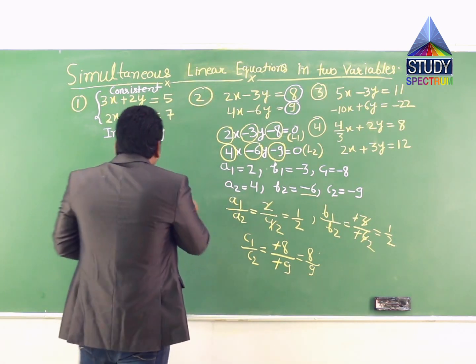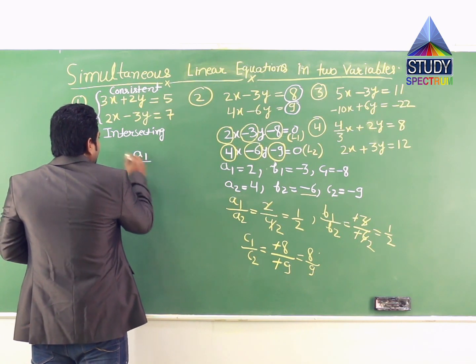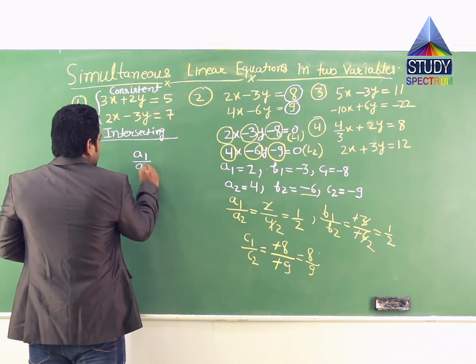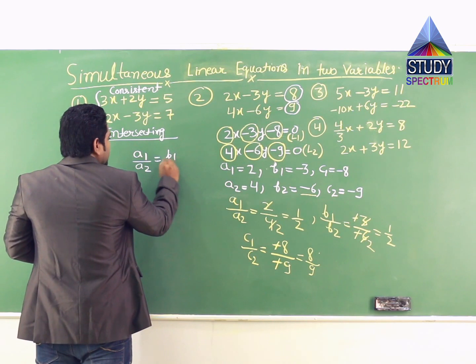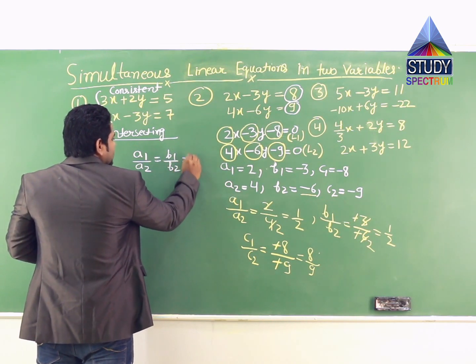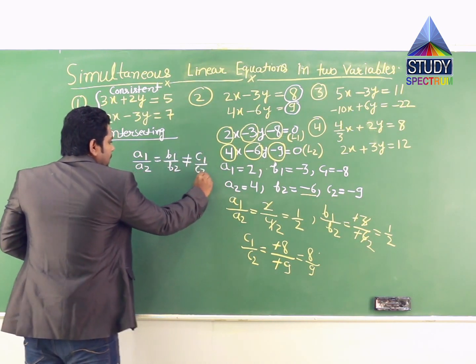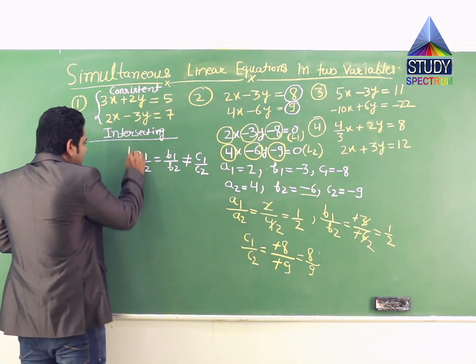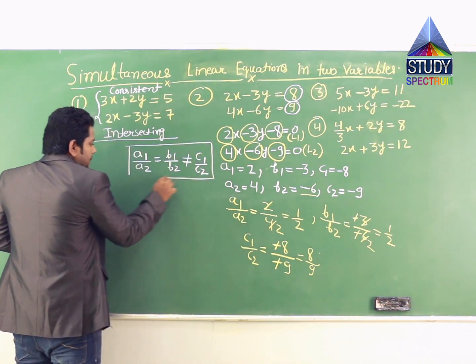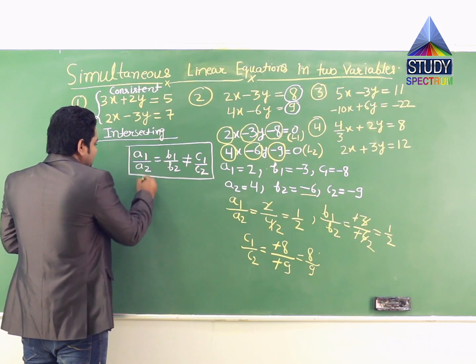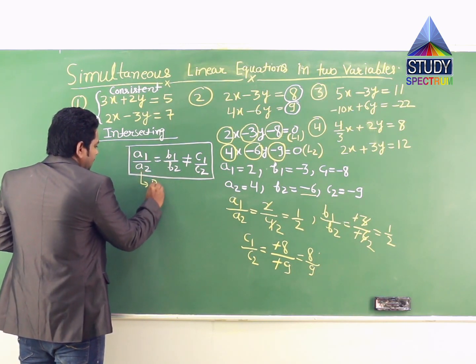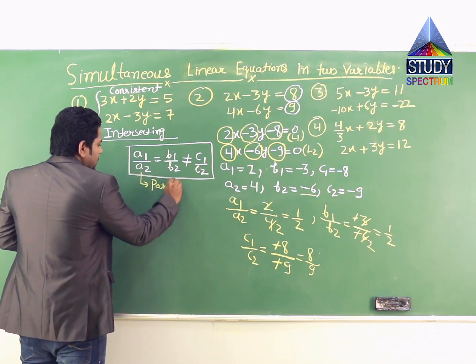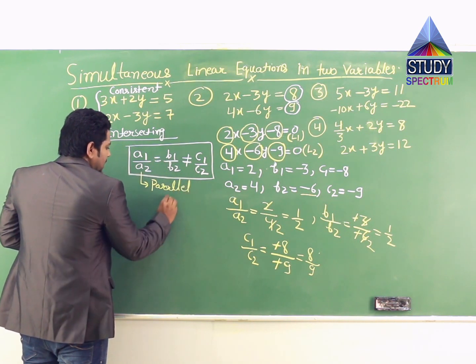Here A1 by A2 is equal to B1 by B2, but it is not equal to C1 by C2. So this indicates parallel lines. Both lines are parallel.